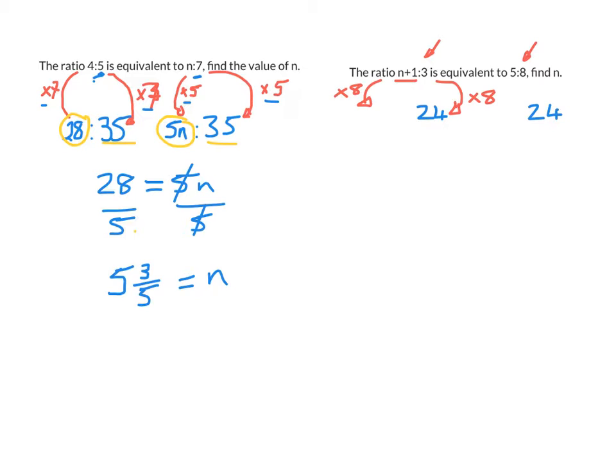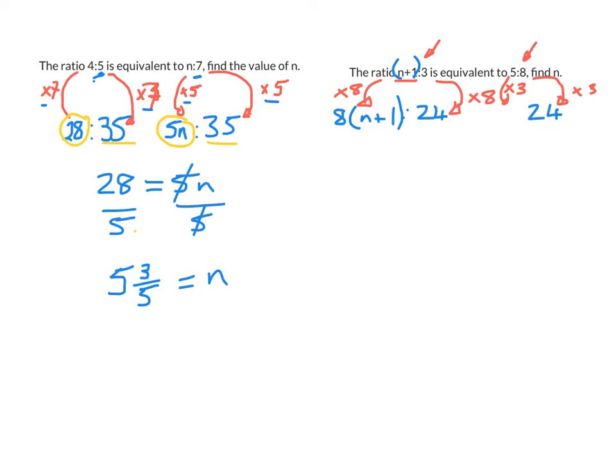Now when I do this, I must make sure I put the n plus 1 in brackets. It makes a big difference to our answer otherwise. So I want 8 lots of n plus 1. Close brackets. And to the other ratio, I've multiplied this by 3, and so I'm going to do the same to the other side, times by 3.